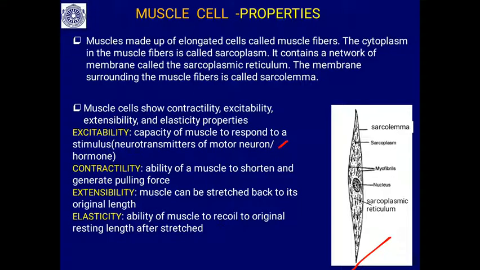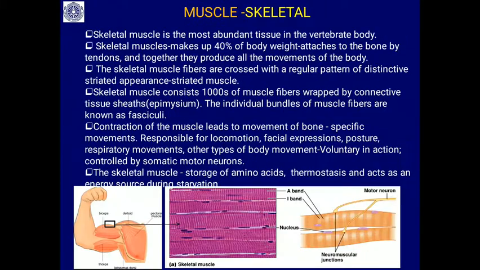After the contraction, it gradually goes back to its original position, that is called extensibility. Elasticity is the ability of the muscle to recoil to its original resting length after being stretched. So this property is called elasticity.